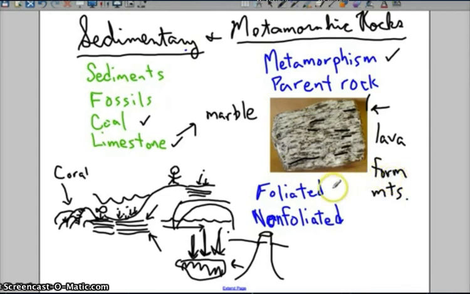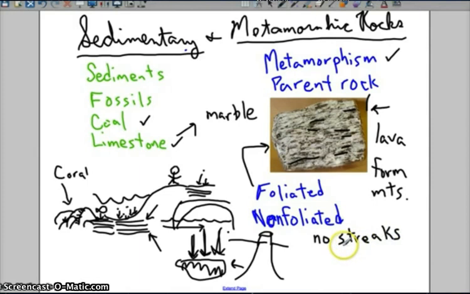Final two things I want to talk about are foliated and non-foliated. And that's pretty simple. A metamorphic rock like this is going to be foliated because it has these streaks of minerals. A foliated metamorphic rock has streaks of minerals, which of course means a non-foliated metamorphic rock has no streaks of minerals. Now, it can have a slight streak of a mineral, but generally it's clear or almost clear.